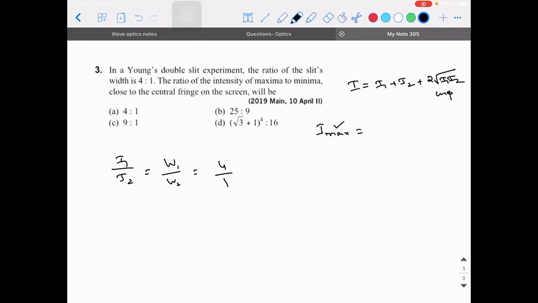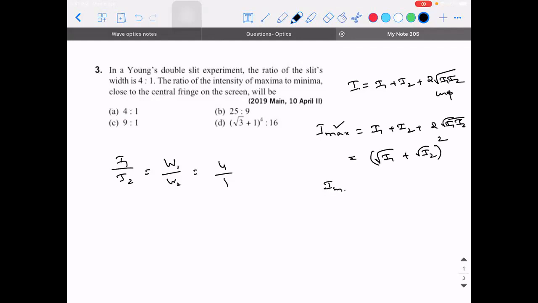If I want max, then what should be the value of phi? 0, correct? Then I max is square root of I1 plus square root of I2, whole square. Correct?